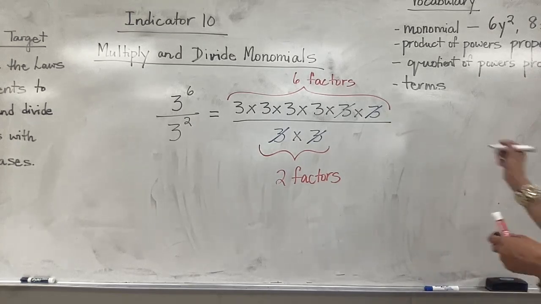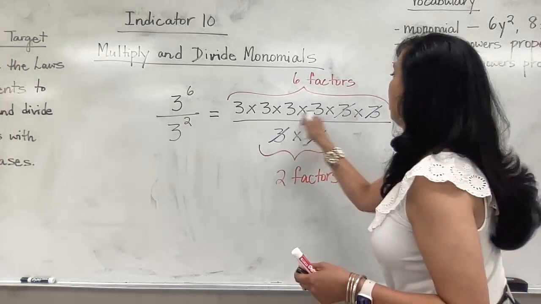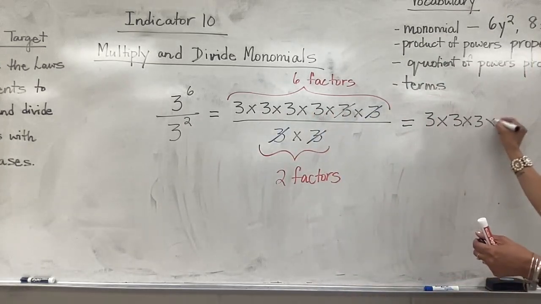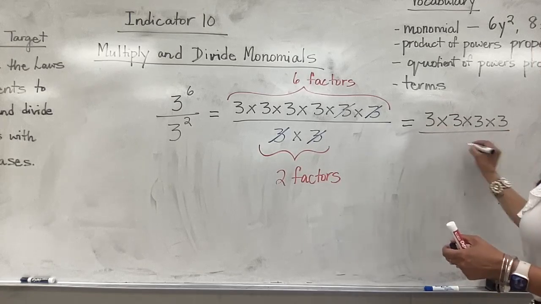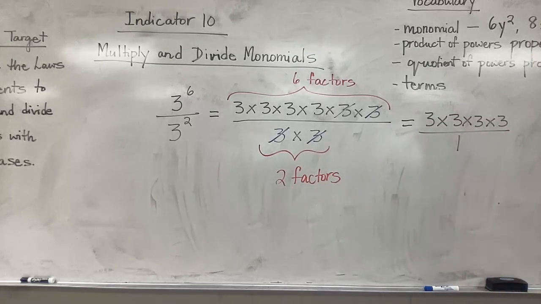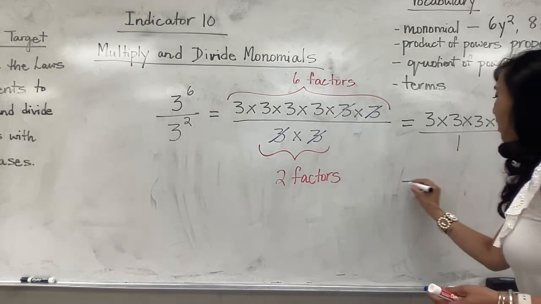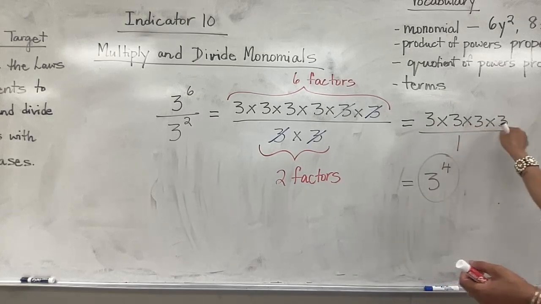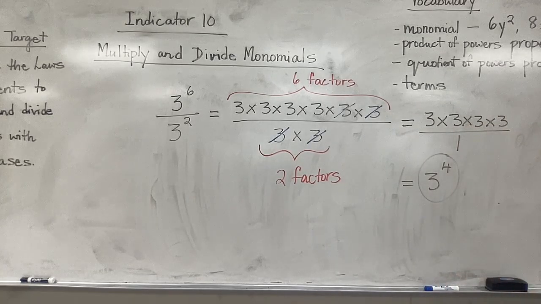I am left with 1, 2, 3, 4: 3 times 3 times 3 times 3 over 1. So ultimately I have 3 to the 4th power, because there are 4 factors of 3 left. 4 factors of 3 remain in the numerator and 1 in the denominator. So the quotient is 3 to the 4th power.